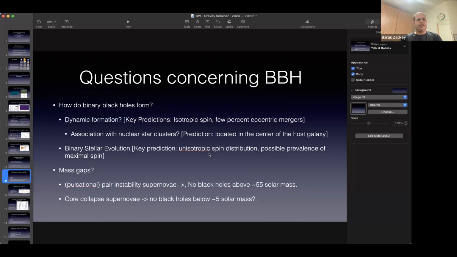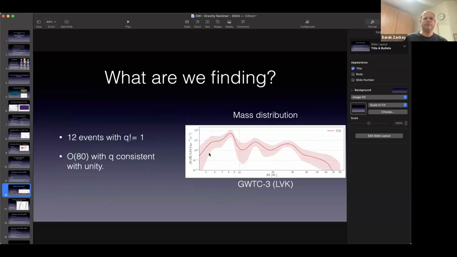And there was another, a bit weaker, prediction that core collapse supernovae will make no black holes below 5 solar masses. I don't know what the theoretical standing of this statement was 5 years ago. I don't know what it is now, but let's wait for it.